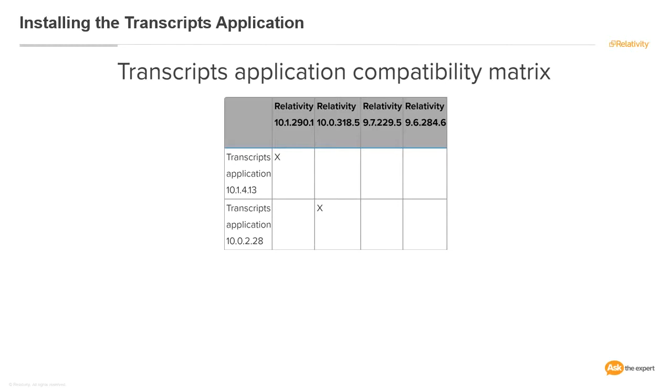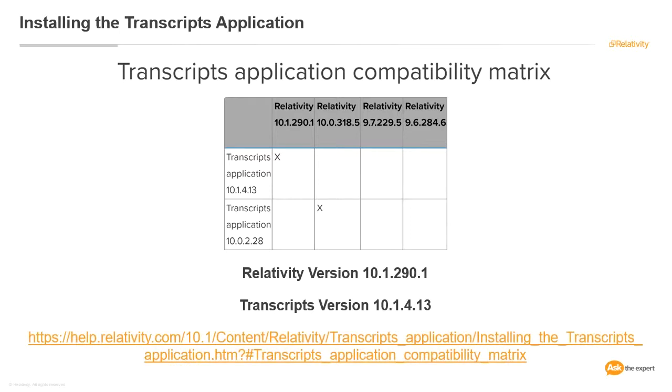Say that we're on Relativity version 10.1.290.1. When we check the compatibility matrix, we see that version 10.1.4.13 of the Transcripts application is compatible with our version of Relativity. For more information, please see our documentation site listed below.